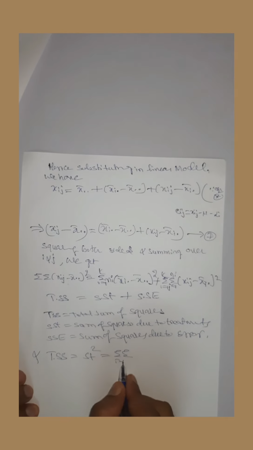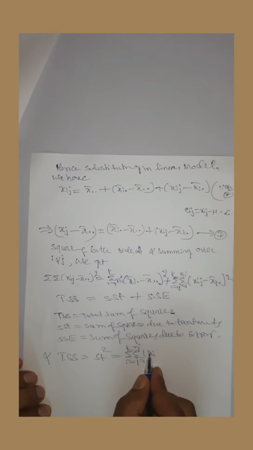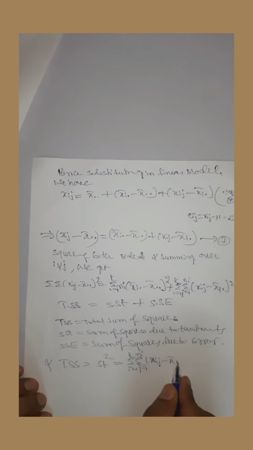TSS is equal to double summation i equals 1 to k, j equals 1 to ni, xij minus x bar dot dot whole square.